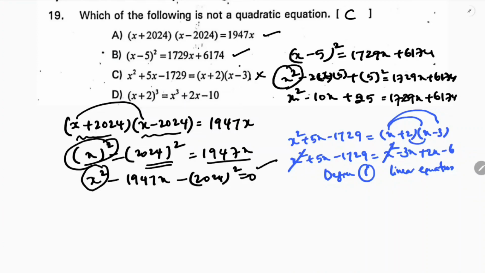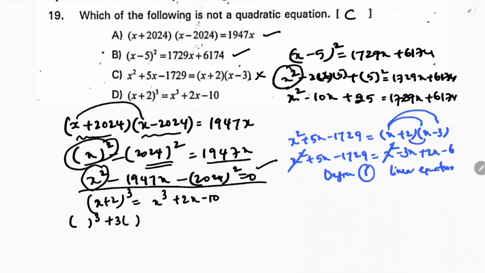The last one also I'll explain. (x + 2) whole cube equals x cube plus 2x minus 10. Here (a + b) whole cube is a cube plus 3a square b plus 3ab square plus b cube.